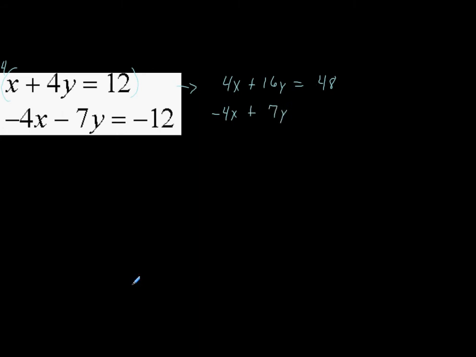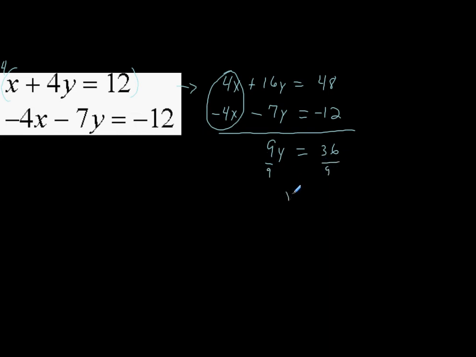Oh, that should be a negative. Okay, let's add down. Notice our x's will cancel out nicely. And these, positive 16, negative 7, would be 9y equals 36. Divide by 9. Y then is going to equal 4.